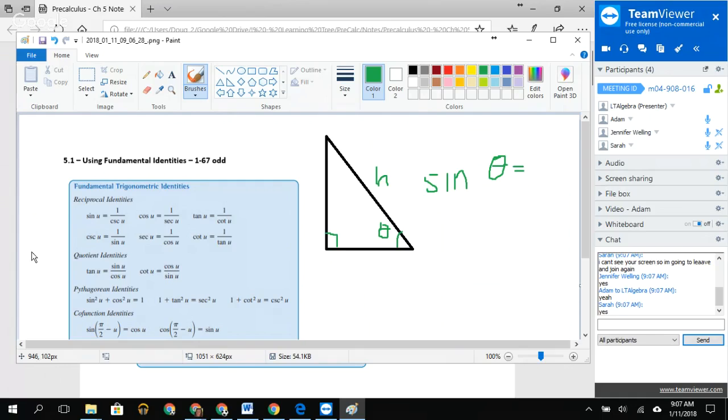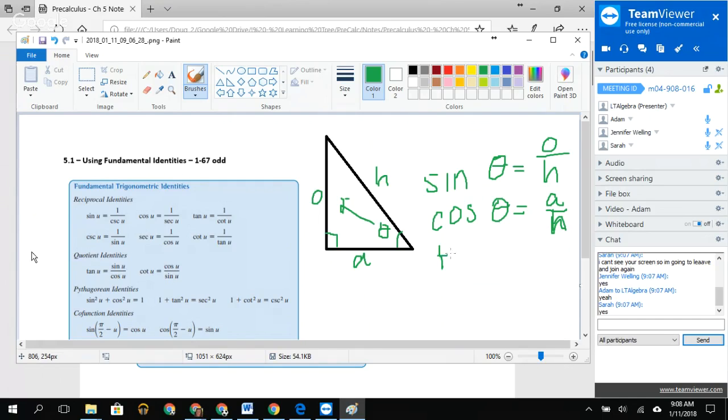All right, so the sine of theta represents the ratio of our opposite side over our hypotenuse, right? And then we have the cosine of theta, which represents our adjacent side over our hypotenuse.